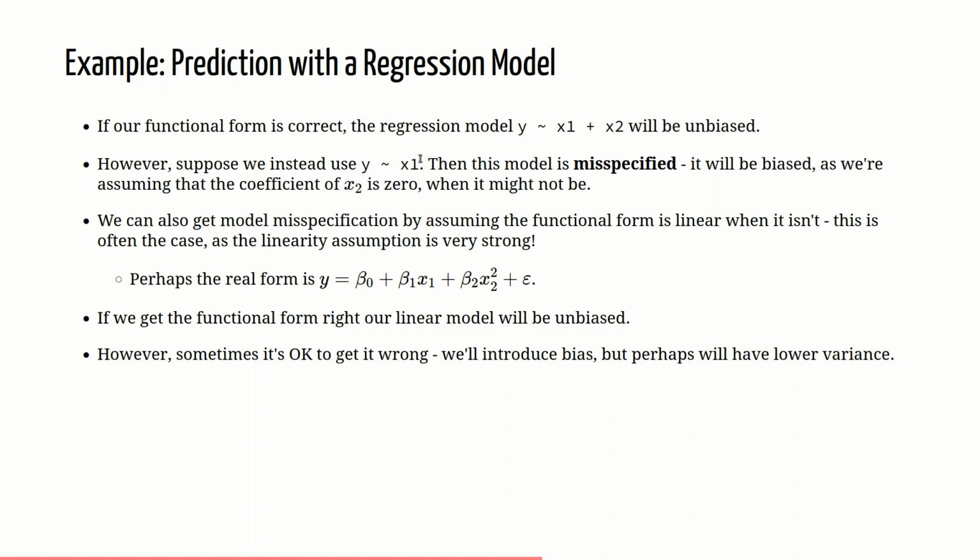So we'd be assuming that the coefficient of x2 is 0, x2 has no effect, we're not including it in our model, when in fact x2 might contribute to the outcome variable y.